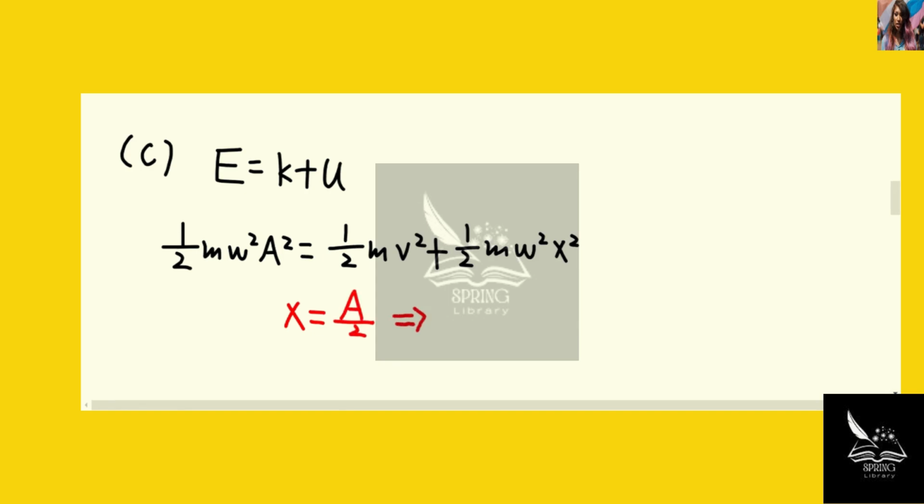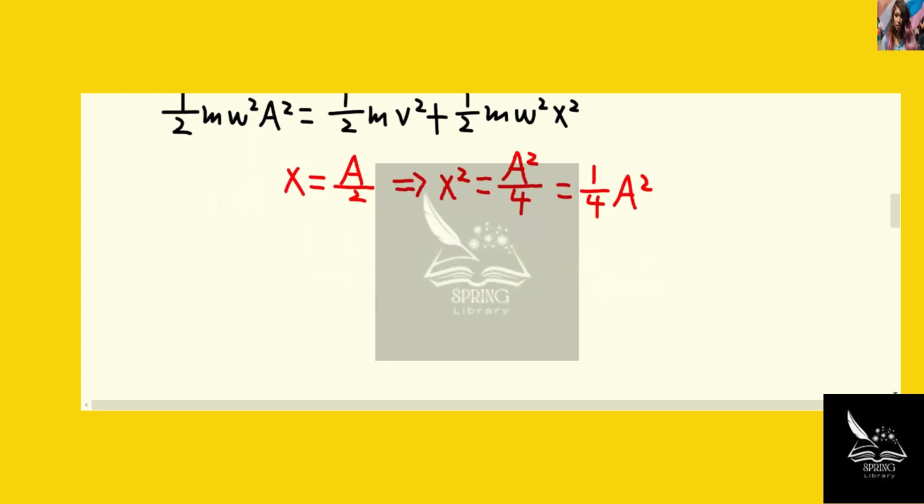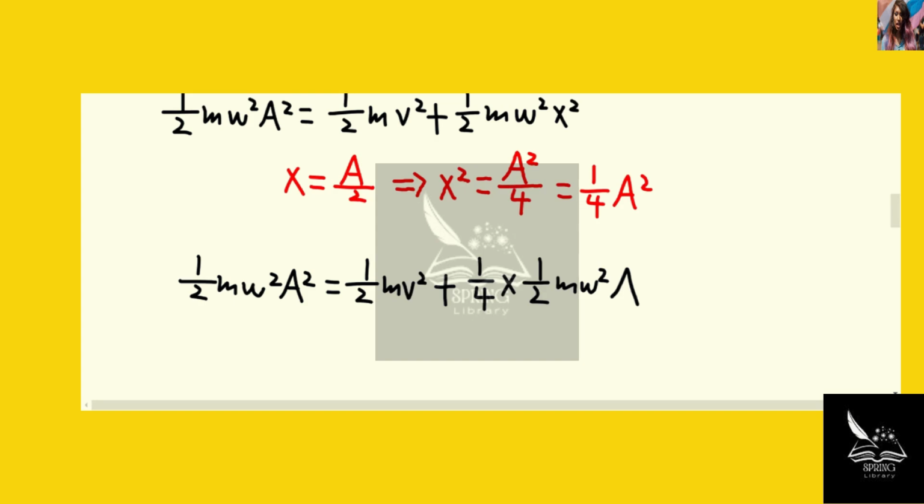So therefore, we have x squared is equal to a squared over 4, or you can say 1 over 4 a squared. Which means that we'll have 1/2 m omega squared a squared is equal to 1/2 mv squared plus 1 over 4 times 1/2 m omega squared a squared.